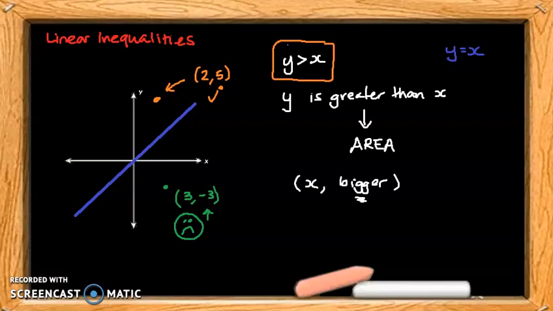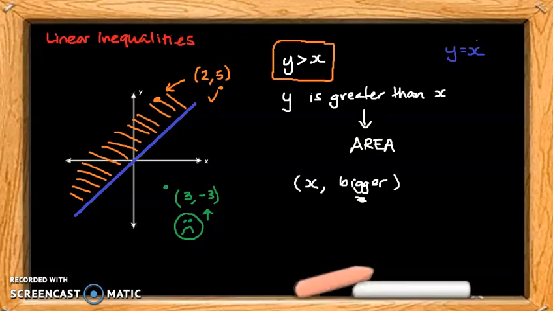So when I'm looking at an inequality like y is greater than x, what I'm looking for is the area that satisfies this rule, which in this case is going to be the orange area. So all of this area satisfies the rule. But what about the blue line?